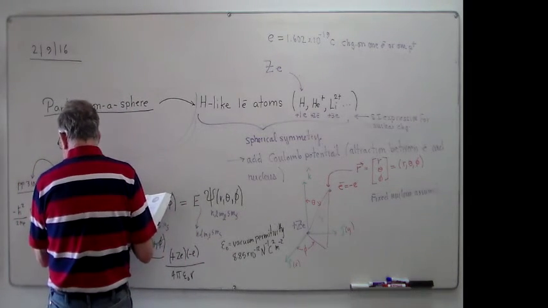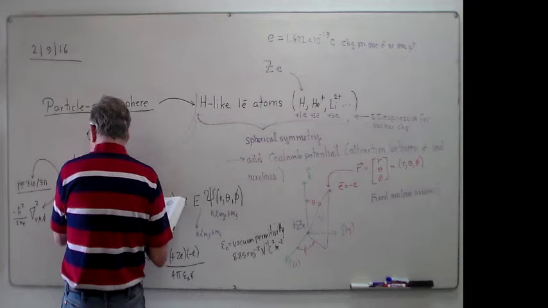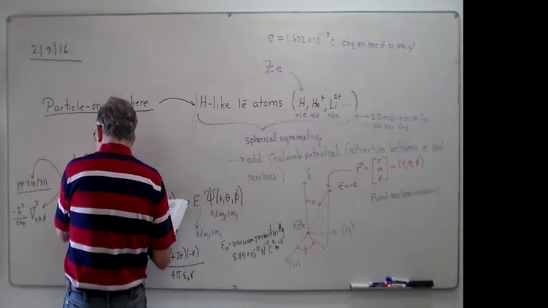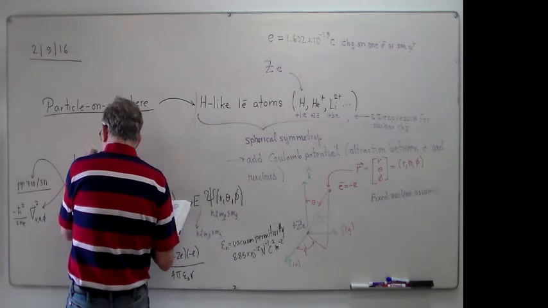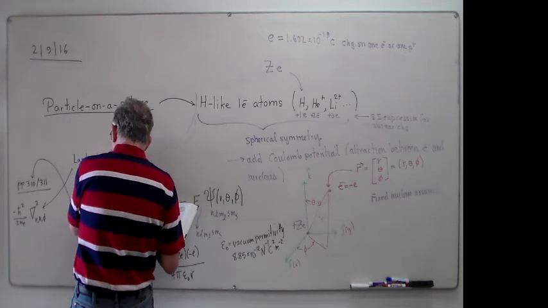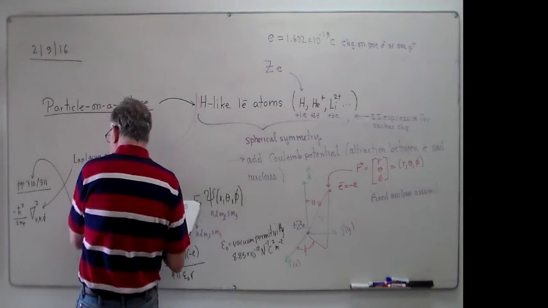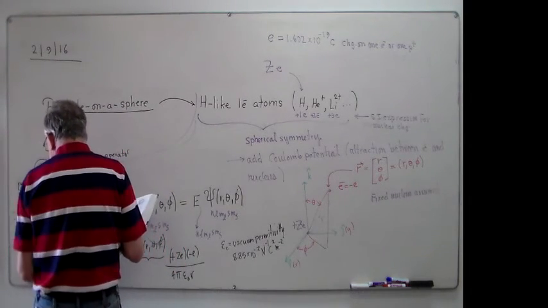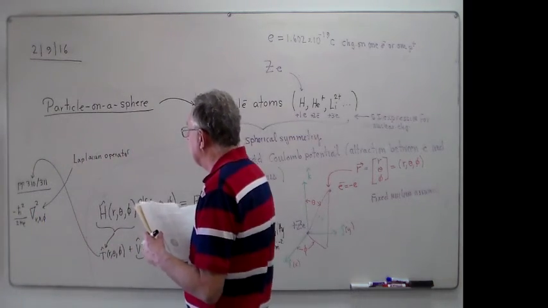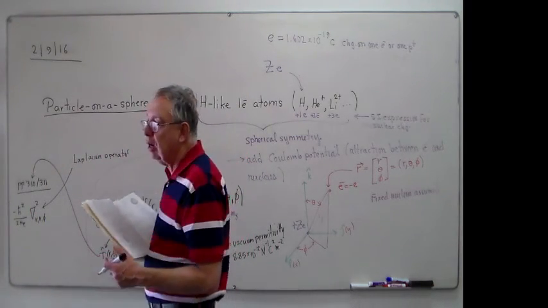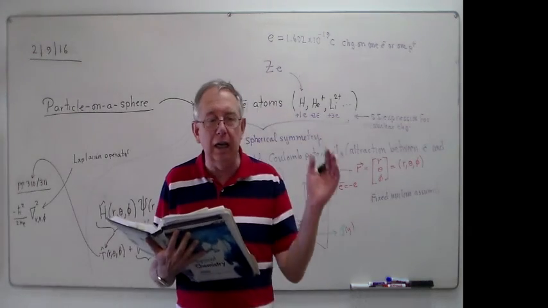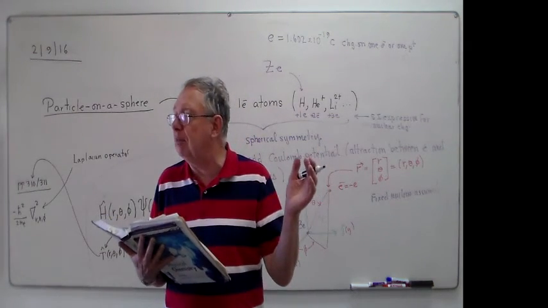This operator is called the Laplacian operator. Just the derivative part is the Laplacian, not the h bar squared over 2me. You can have it in any curvilinear coordinate system you want.